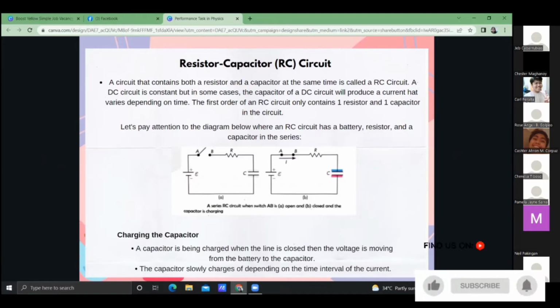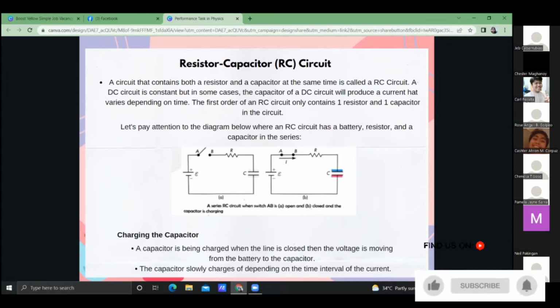The first order RC circuit only contains one resistor and one capacitor. Proceeding to the diagram below, an RC circuit has a battery, resistor, and a capacitor in series.